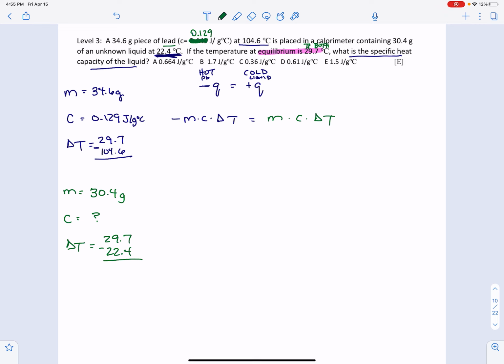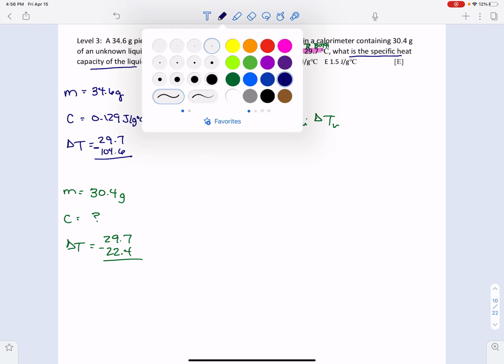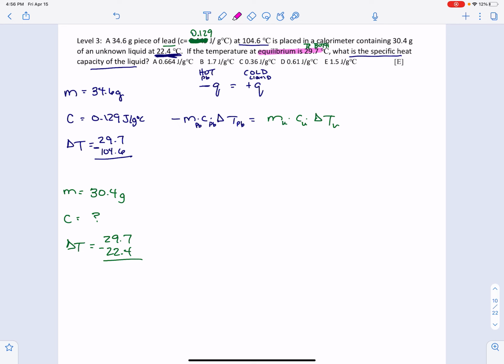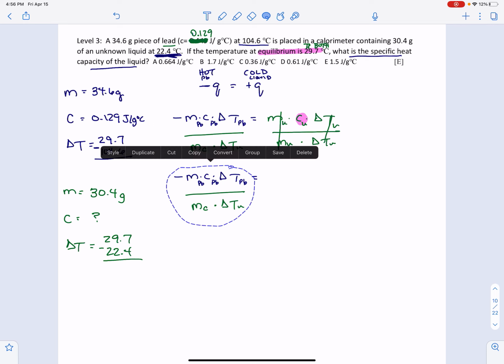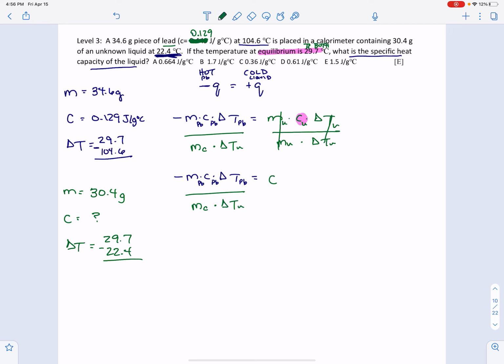So we can see that we are trying to solve for this. So this side is the right-hand side, and then I'm going to put lead. This is my left-hand side. And so if I want that to be all by itself, I need to divide both sides by mass and delta T. And I'll use this wonderful power, bring it down, and that gives me my C of my unknown.